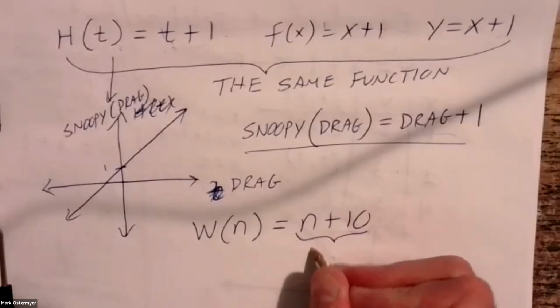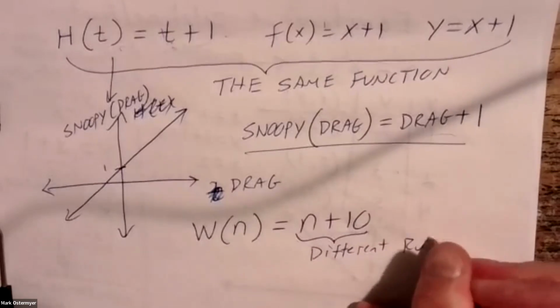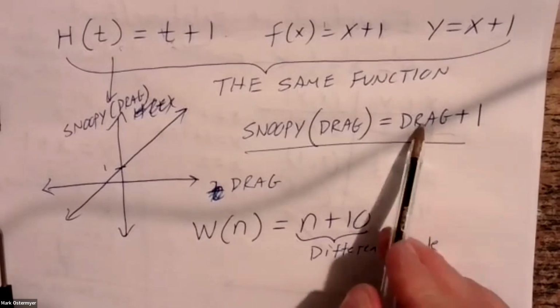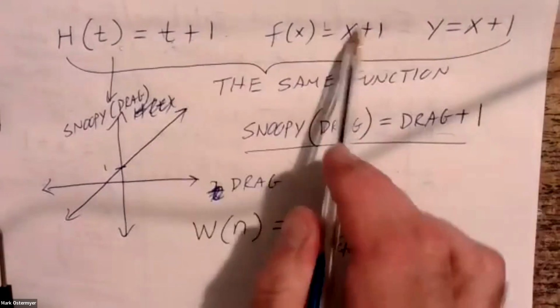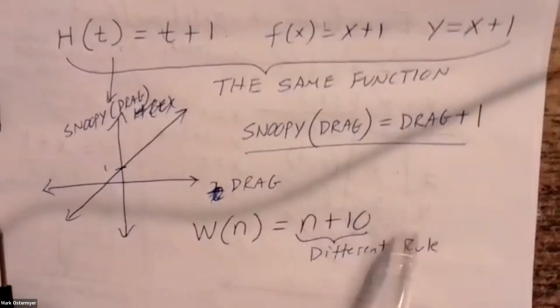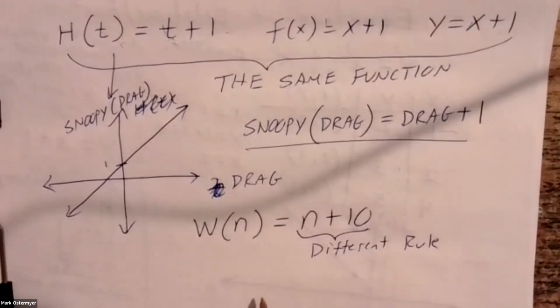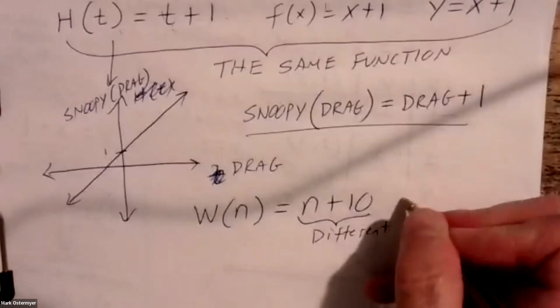The number at the end is different. The definition and the rule has changed. Do you agree? This now has a different rule that tells us something different happens to the input in this function as opposed to these up here. All these rules say we add 1 to the input to get the output. This is a different rule now. It says now we add 10 to the input to generate the output value. Because the rule or the definition is different, this is a different function.